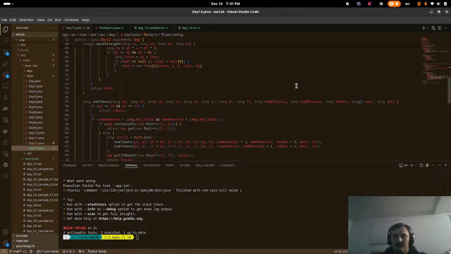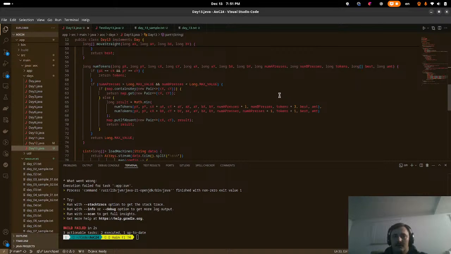And then for getting your number tokens, it's all going to be the same. Oh yeah, if X and Y, yeah, we're gonna say right less than 0.